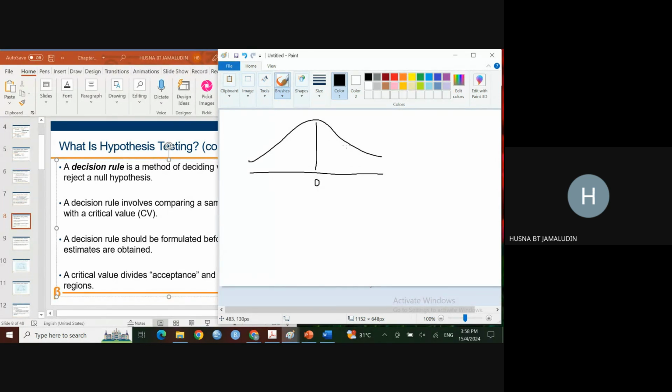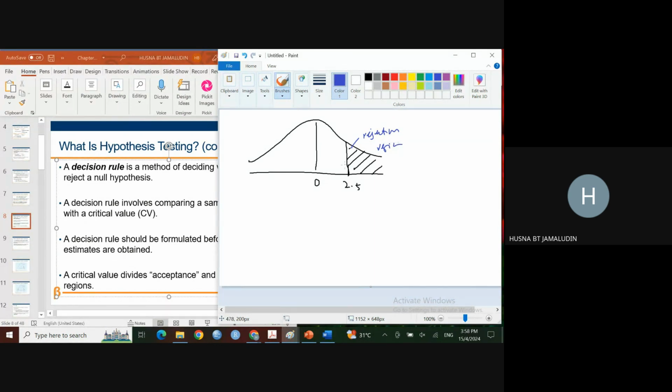Perhaps your CV is 2.5. So 2.5, this whole area is called what? Remember? This is what you call the rejection region.